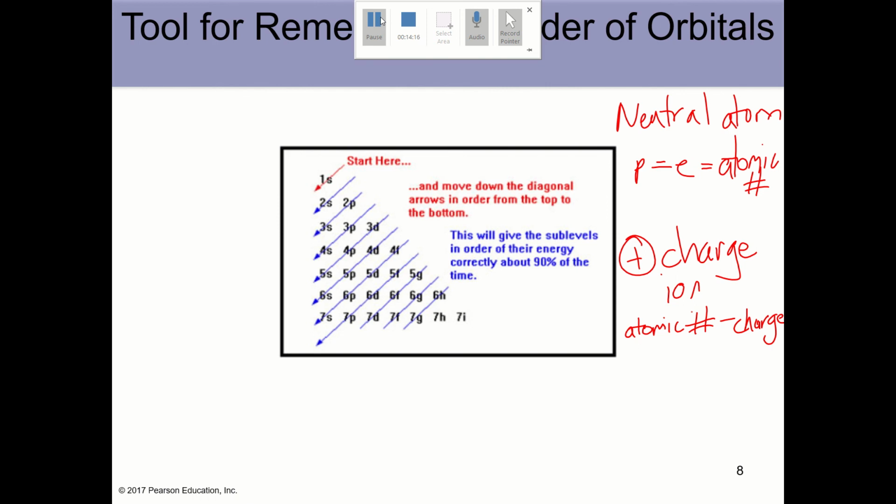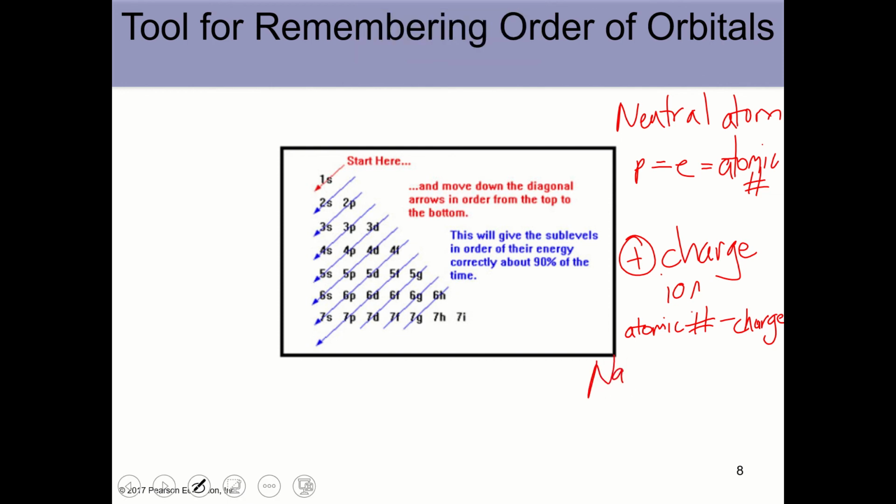So for sodium plus, we have atomic number 11 minus charge of 1, it's going to have 10 electrons. So then you have to write an electron configuration that has only 10 electrons, okay?